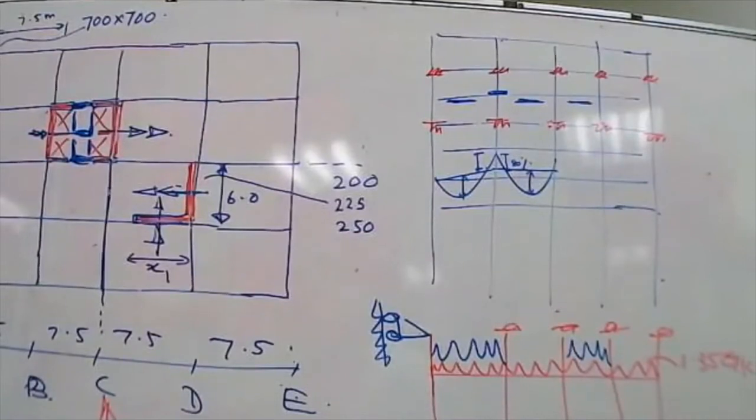The reason is any failure in the beam will occur in the span sections. So I would like to have a slightly higher factor of safety where the failure can occur, and I will go for a lower factor of safety at the places where failures cannot occur. Is that clear?